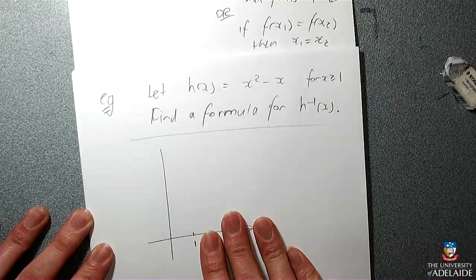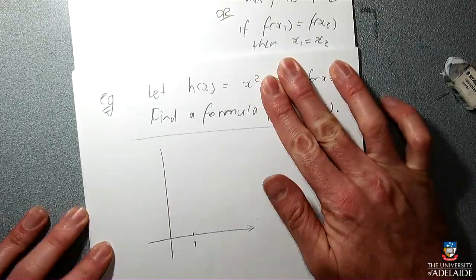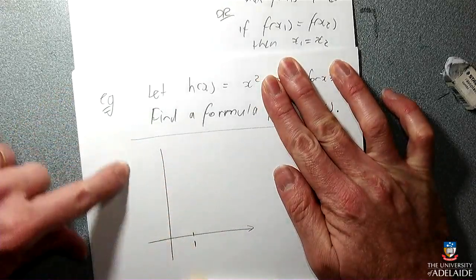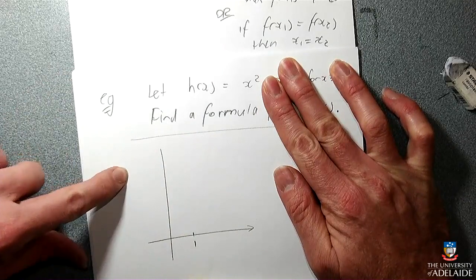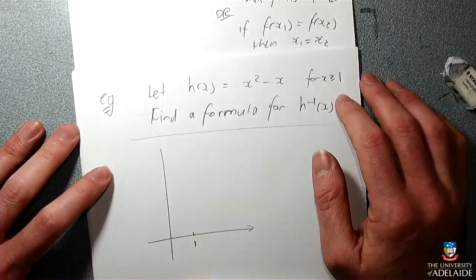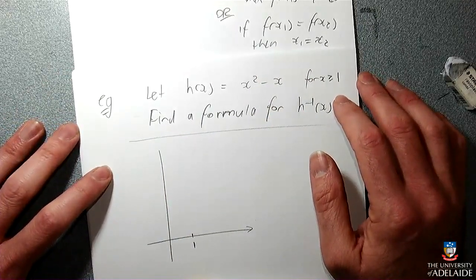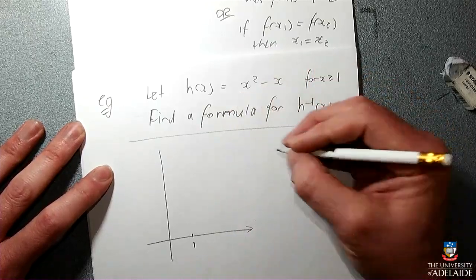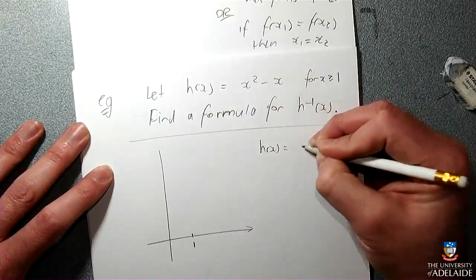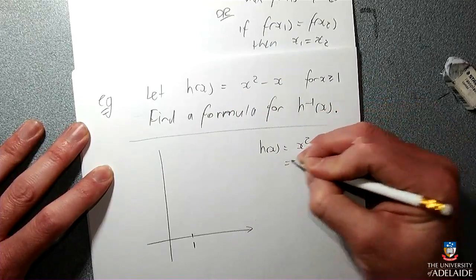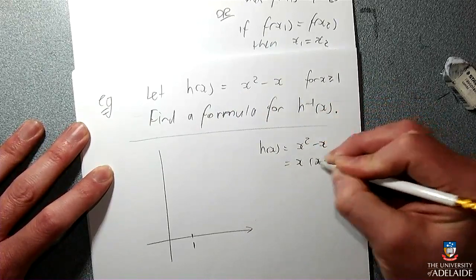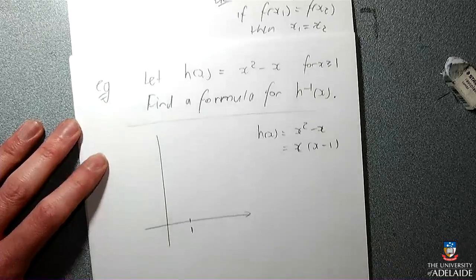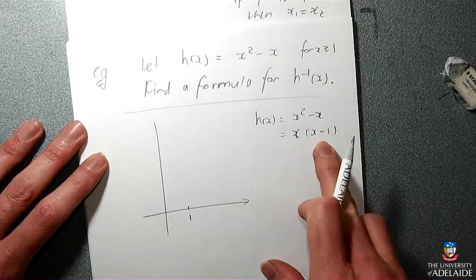And x squared minus x. Okay, well I know that x squared would be like a parabola like that. x squared minus x would still be a parabola, but best plan would probably be to factorize it. Okay, so that's 0 when x is 0 and when x is 1.